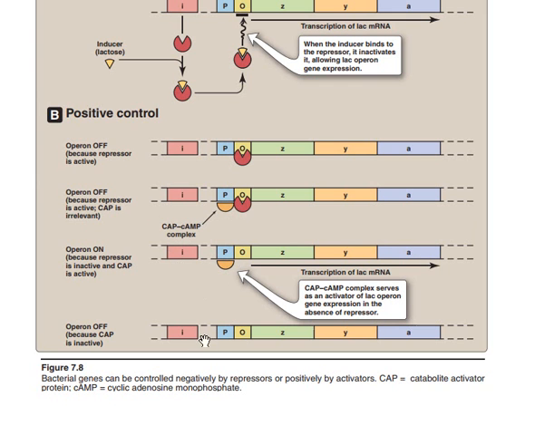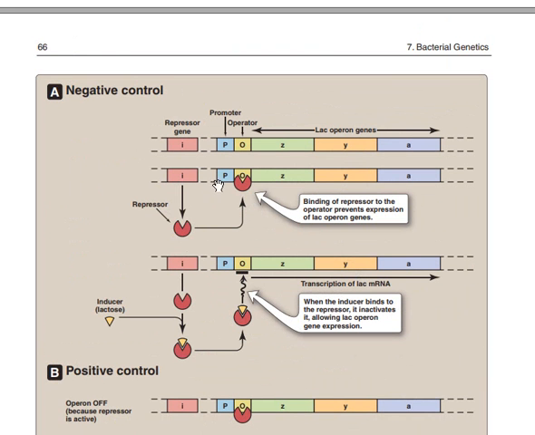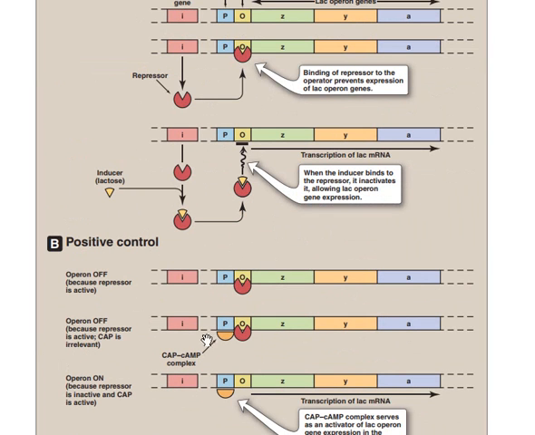So if the cap is inactive, you don't have any activation of the operon gene. Is it clear? So what can cause the activation of the operon gene is the presence of the promoter gene. The promoter gene activates the operon gene with the presence of the cap, while the repressor gene inactivates by producing a certain enzyme that is going to inhibit the operon gene, the operator gene.